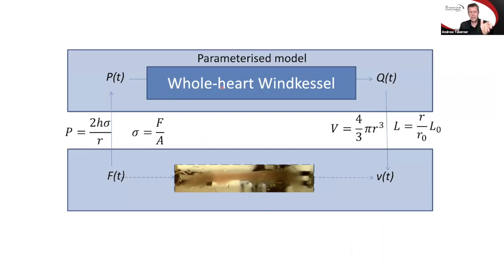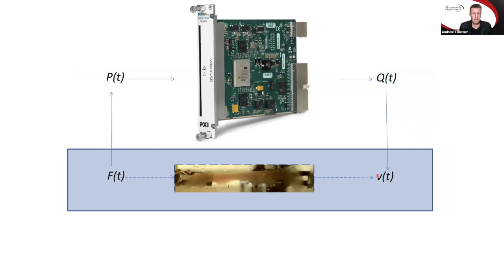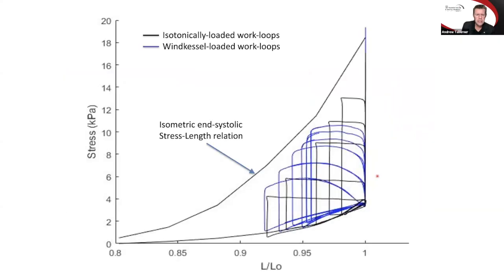We then pass that immediately at a 20 kilohertz rate through a model of the circulation, and that then predicts the velocity or the distance that the muscle should shorten under those conditions. This is all computed in an FPGA, a field programmable gate array, using LabVIEW Real-Time and LabVIEW FPGA.